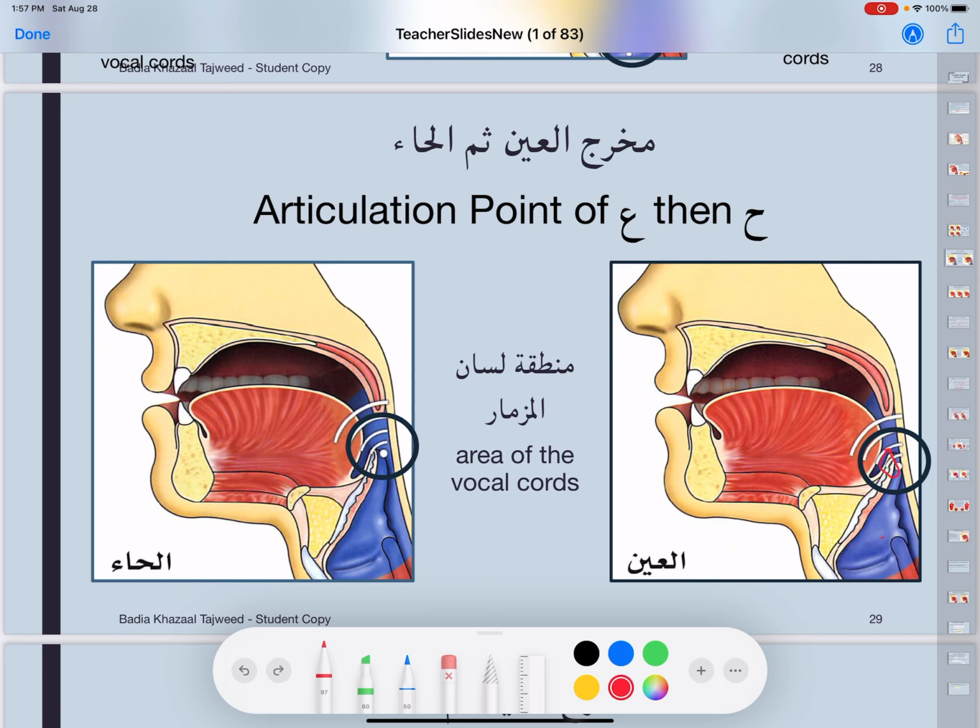So after you go in hamza, remember we talked earlier about makhraj al-jawf, we said one of the common mistakes people make with the fatha, dhamma and kasra is doing them differently than the alif, waw and ya, because we said the fatha is the daughter of the alif, the dhamma is the daughter of the waw, and the kasra is the daughter of the ya. All of them, fatha, dhamma, kasra, or alif, waw, ya, come out from this area right here.